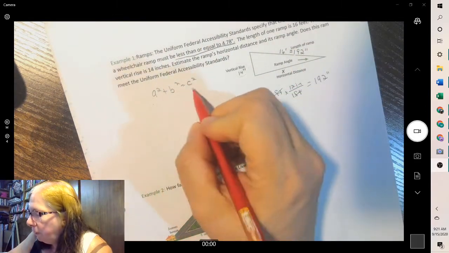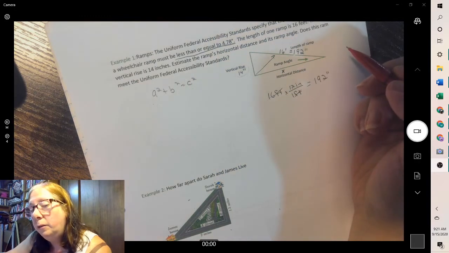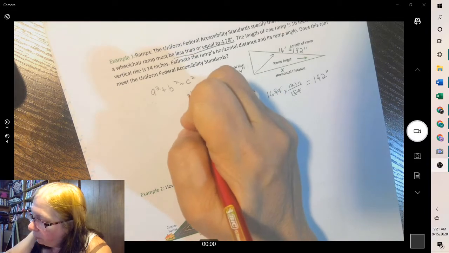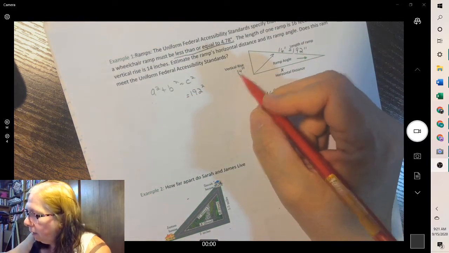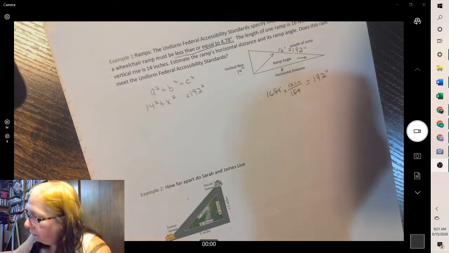So a squared plus b squared is c squared. Notice that we have the hypotenuse. That's our c. So it's 192 squared. A 14 squared, and we're looking for b.